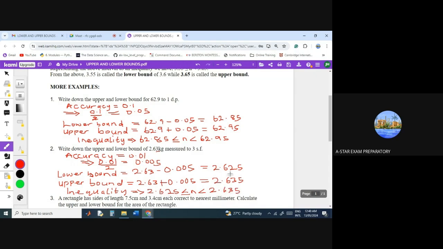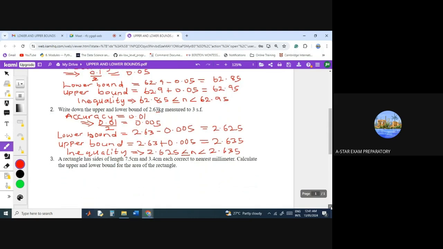You see 2.625, everything from 2.625 to 2.634 will round down to 2.63. Now 2.635 takes this to 2.64, which is more than what is required here. So this is how it is calculated.